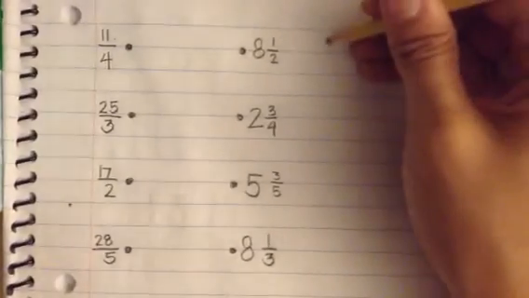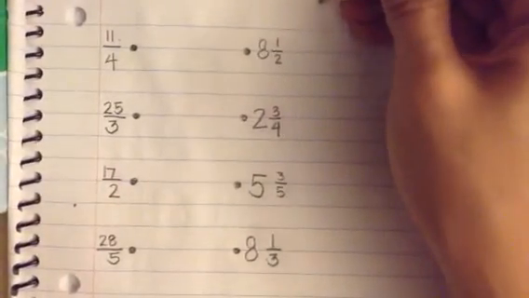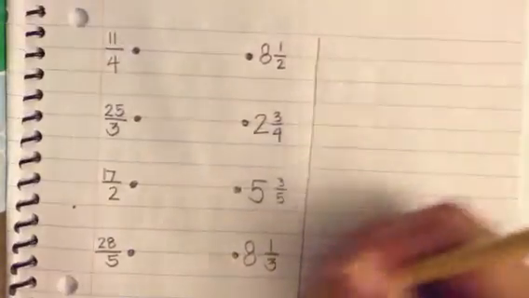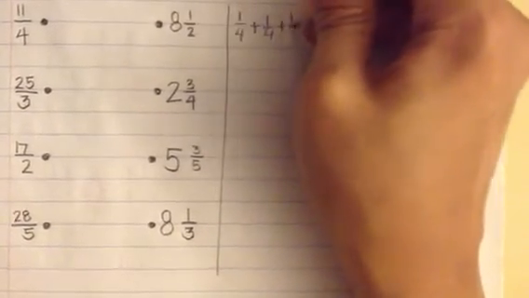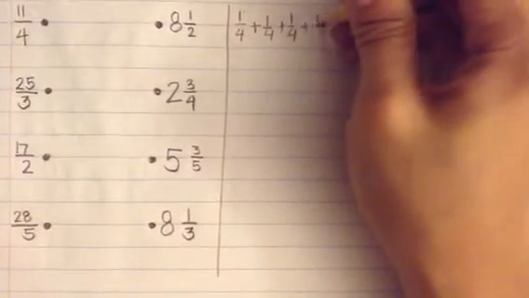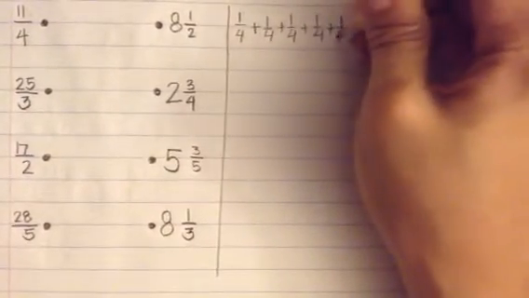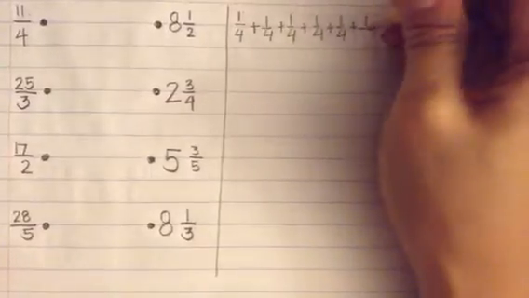11/4 as, and let's make a line here so we know that I'm showing my work on this side of the paper, right? So 11/4 can be represented as 1/4 plus 1/4 plus 1/4, and we want to do this 11 times, because there's 11 pieces.